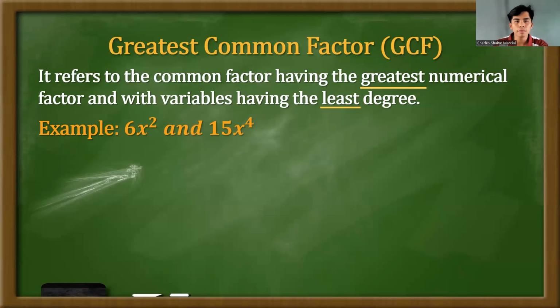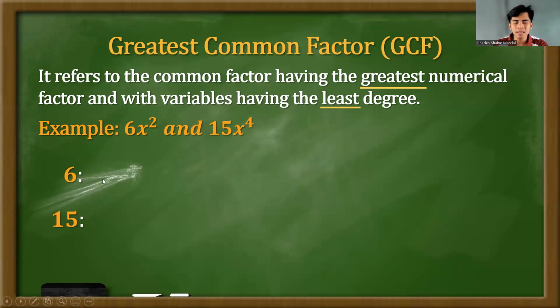So for example, we will get the GCF of 6x squared and 15x raised to 4. Now, ang gagawin muna natin is yung tinatawag nating listing method. Hanapin natin yung mga factors ng 6 muna. Okay, 6x squared.